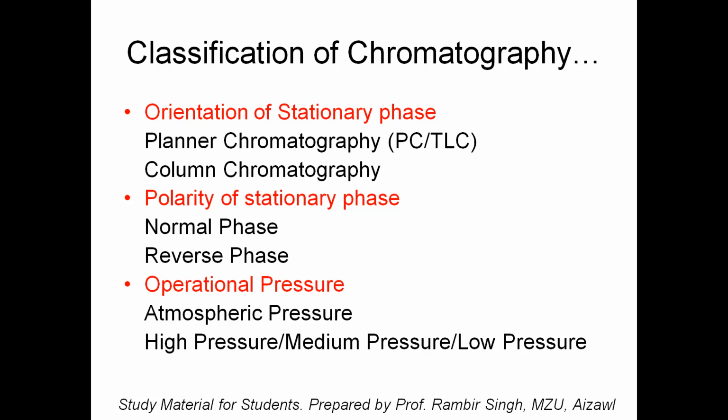If I ask you which is the most common liquid available around you, water is available. He had calcium carbonate as a stationary phase, so why didn't he use water as a mobile phase? If he had used water, what would have been the problem?